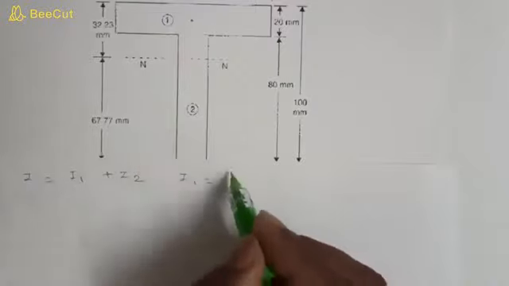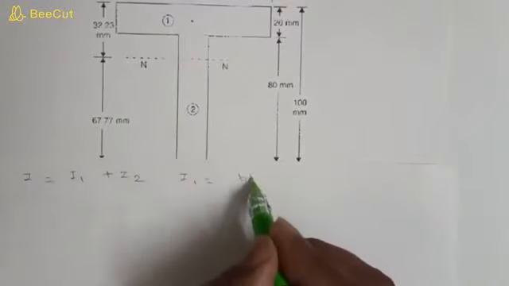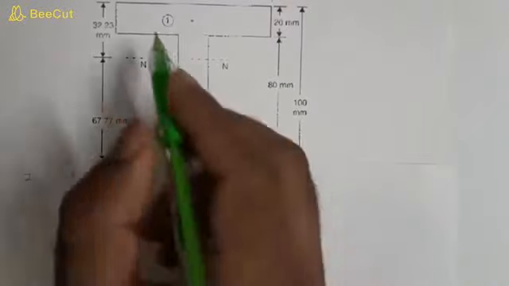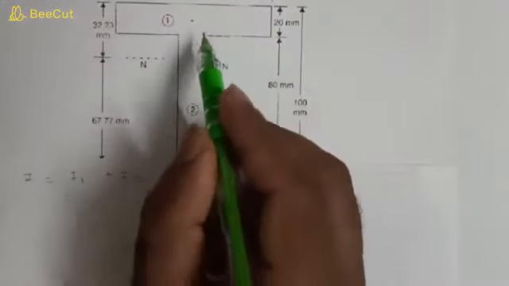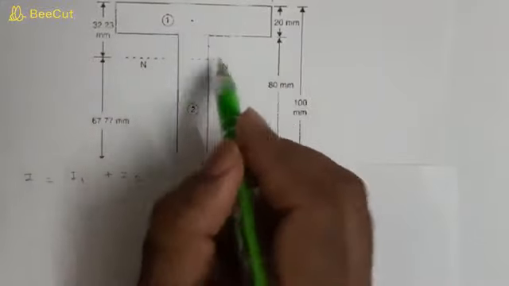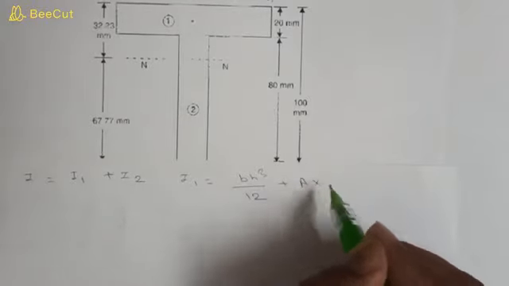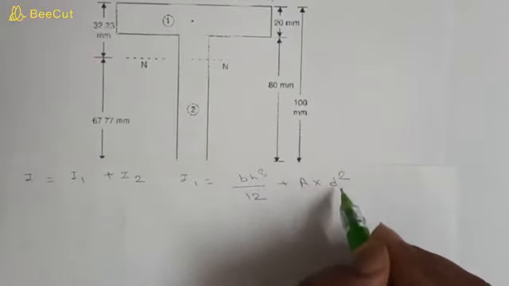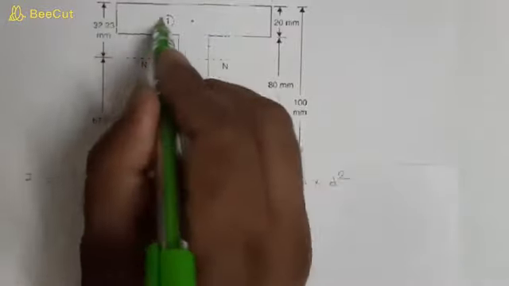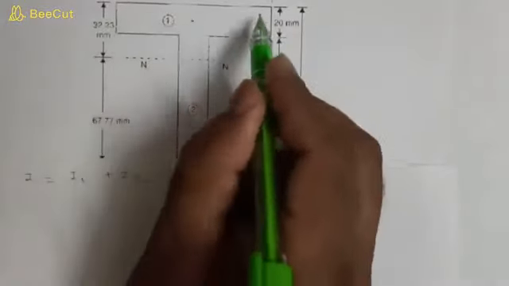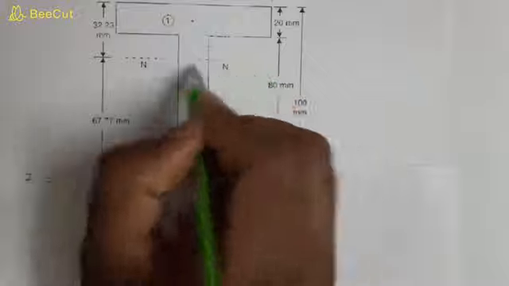For rectangular section we already know it is BH cube by 12 about its own axis, but if we are calculating about a different axis, then we have to add area into distance squared. This distance is between the neutral axis of this section and the neutral axis of the entire section.